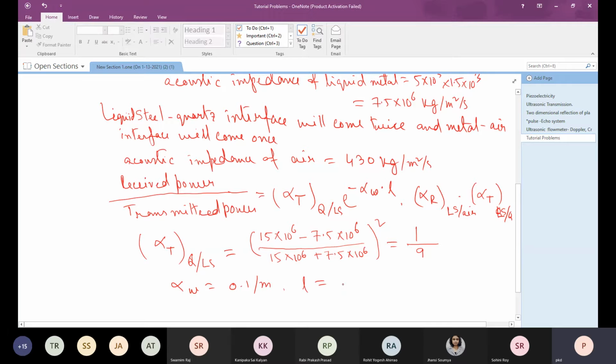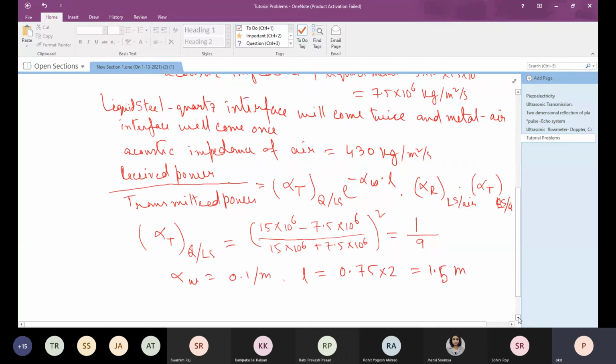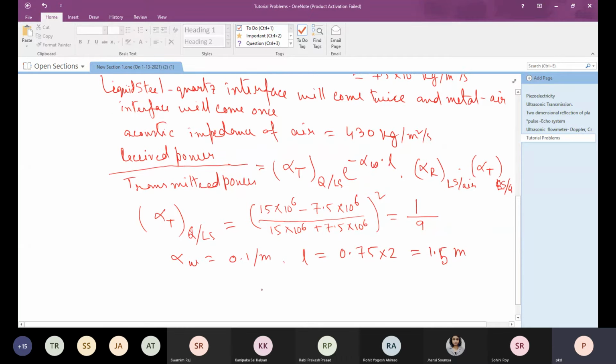L, it is going twice, so 7.5 into 2, 1.5 meter. So exponential of 0.1 into 1.5.